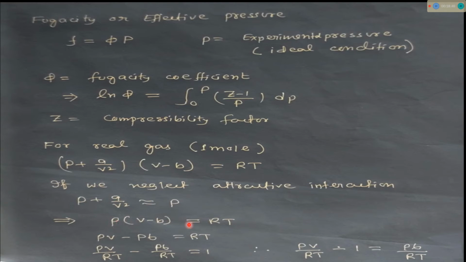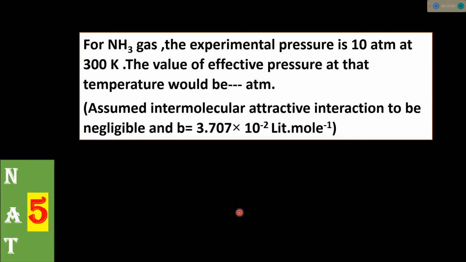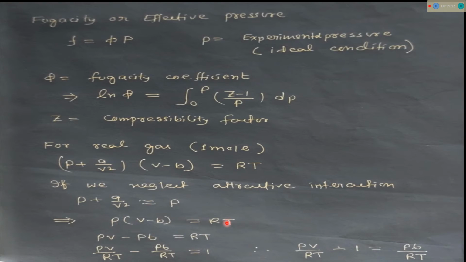For the other equations, the expression of fugacity coefficient would be different; we can derive it by evaluating Z minus 1 upon P. But F is equal to P exponential BP upon RT is only applicable for real gas equations where the intermolecular attractive force can be neglected.